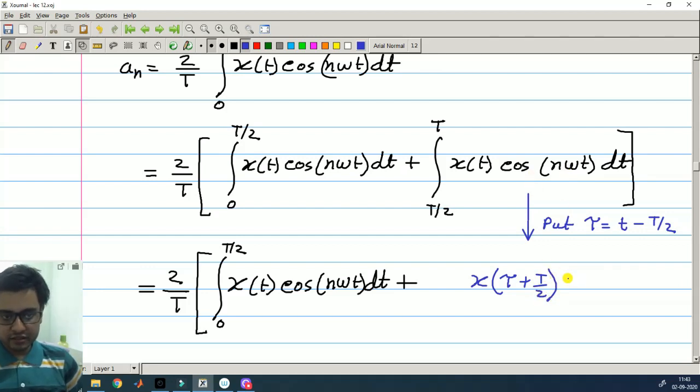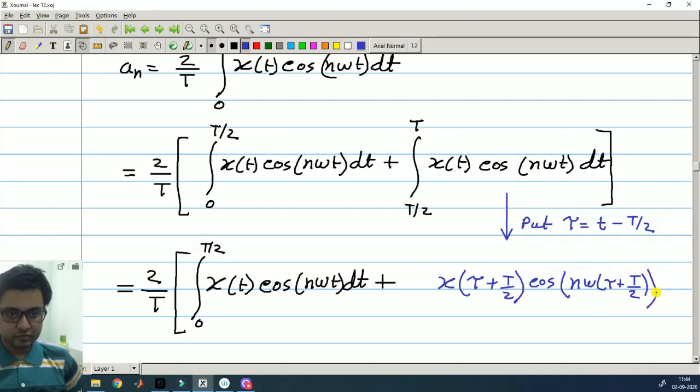Now cosine n omega tau plus T by 2. Okay, and d tau and dt will be the same, so d tau, and the limit will change from tau equal to 0 to tau equal to T by 2.